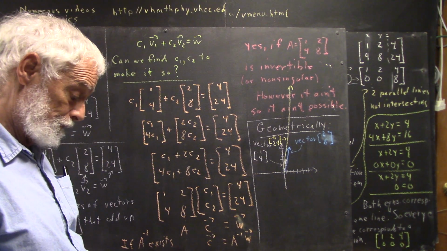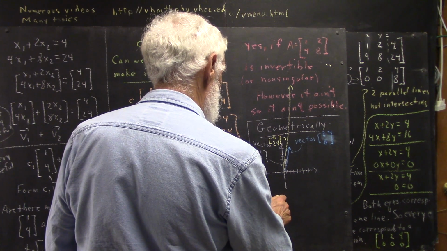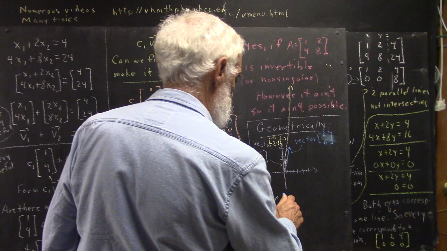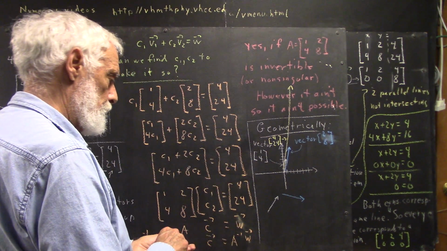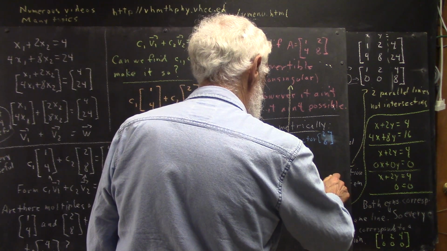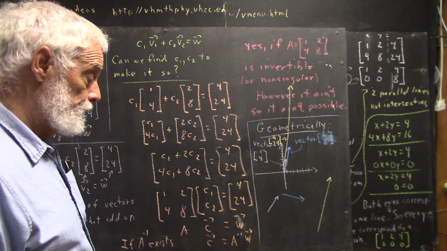Okay, in general, if we have a vector like this, and a vector like this, and another vector like this, it can be done.